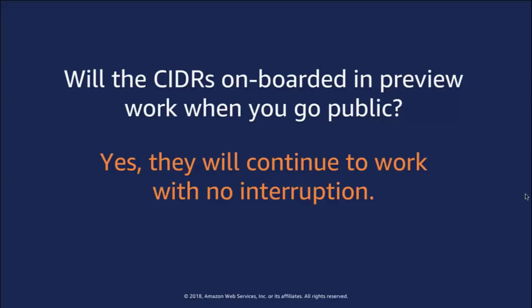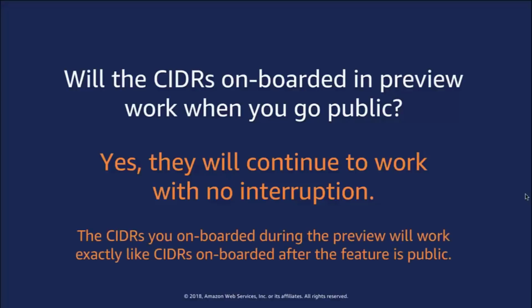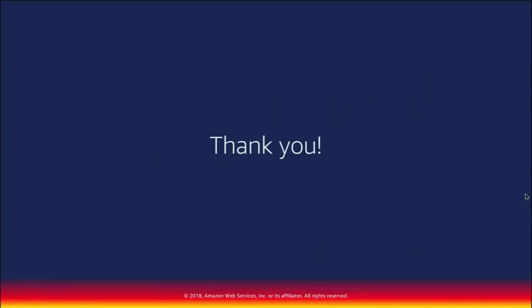So there will be no difference between a CIDR brought via the preview process or via the public feature once the feature is public. Okay, awesome. Sounds great. So my CIDRs that I brought through the preview will work exactly like the CIDRs that we've onboarded after the feature's public. Very cool. Yeah, customers would not even know about it. It will just work right the moment we move to public. That's the way we like it to work.